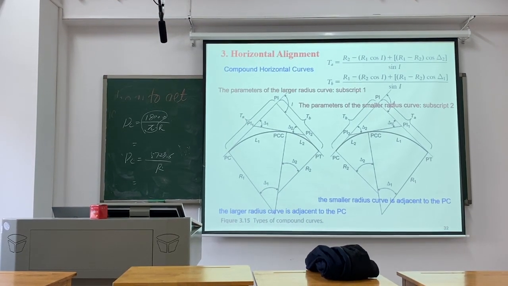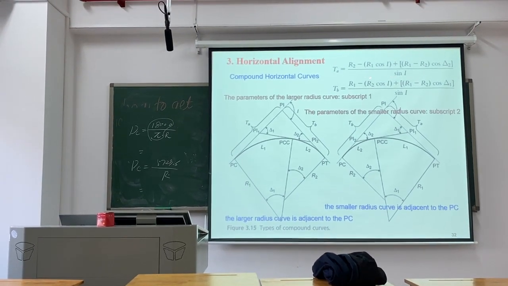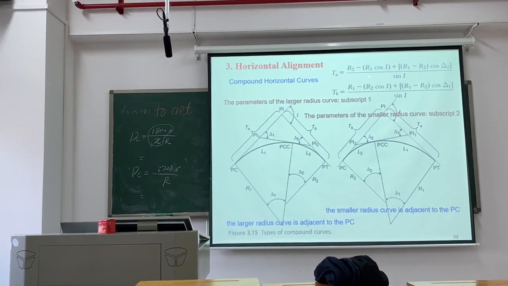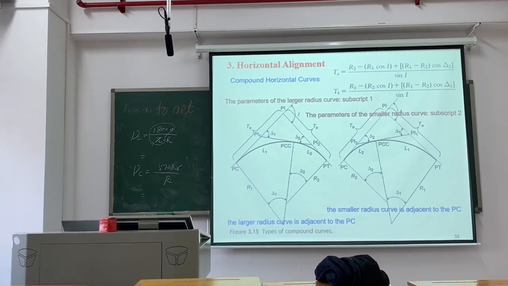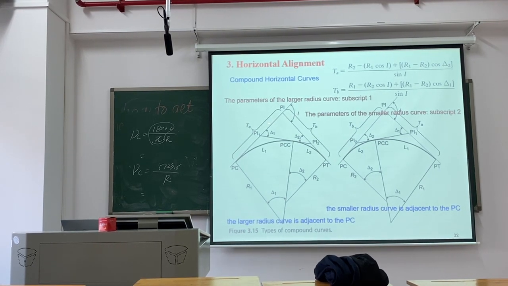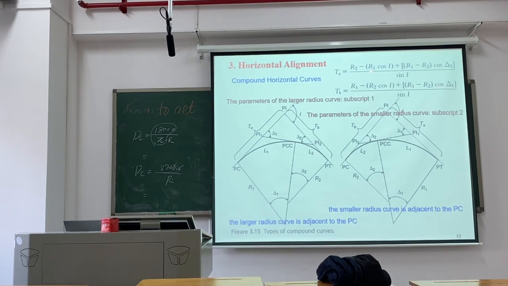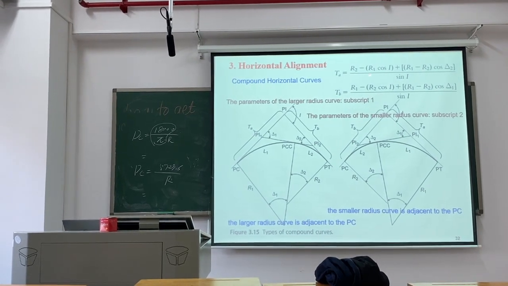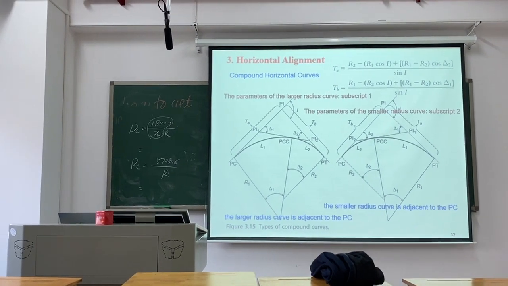When we know R1, R2, and the deflection angles Δ1 and Δ2, we can use these formulas to calculate TA and TB.